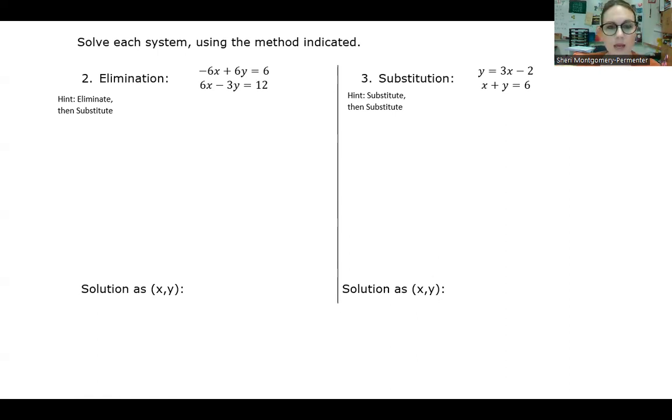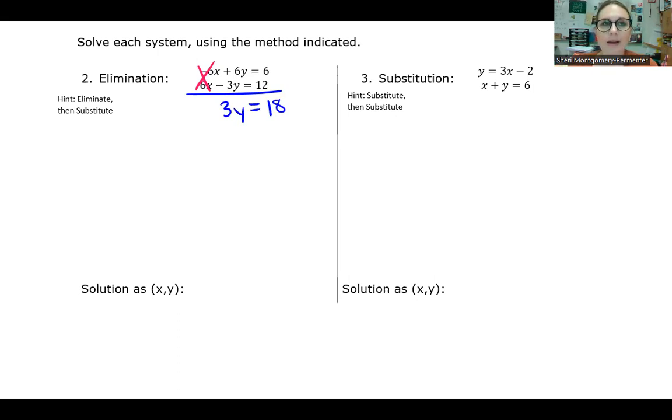Yeah, if we put these together, -6 and +6, those will eliminate the x variable. So then when I put it together, I have 6 - 3, and so I have 3y is equal to 6 + 12, which is 18.